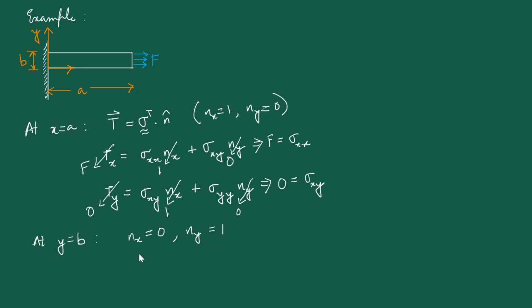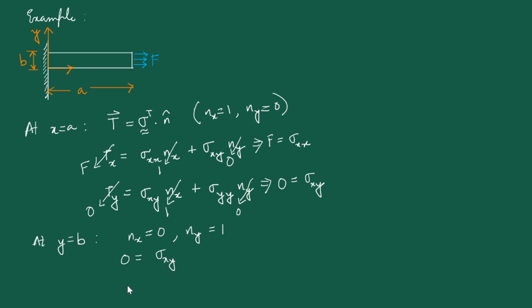So if we do a similar thing, both Tx and Ty are 0 for y equal to b. So Tx equal to 0 is equal to sigma xx nx plus sigma xy ny. That is going to give me sigma xy as 0.